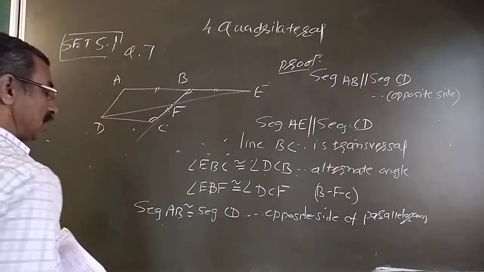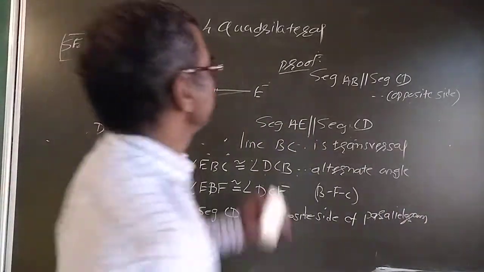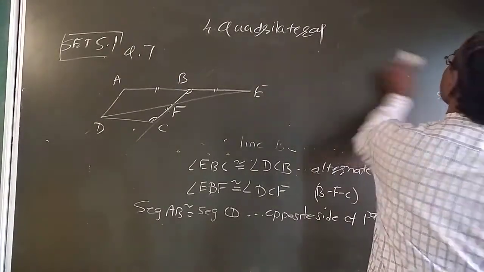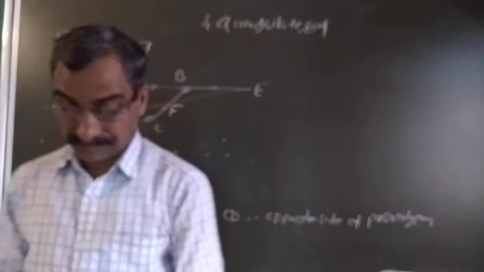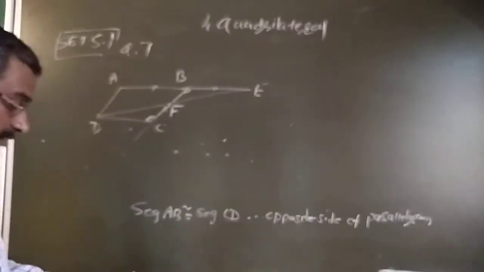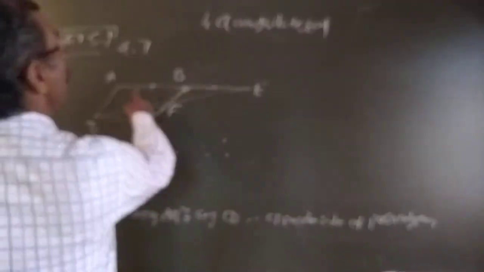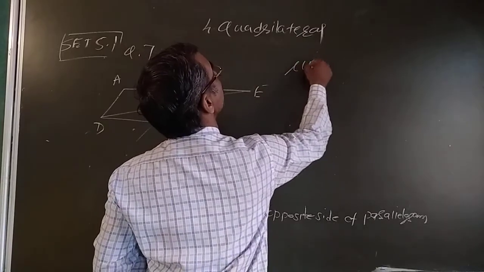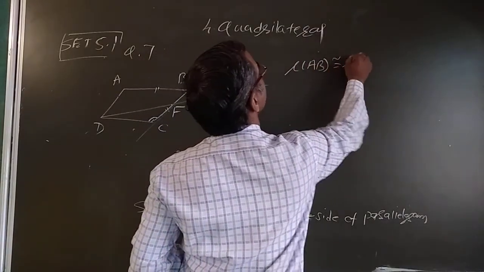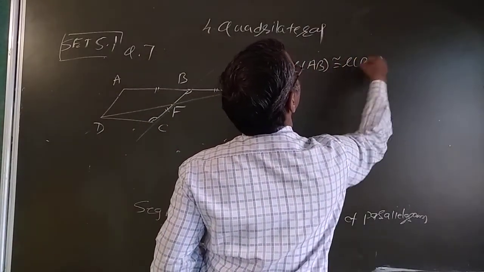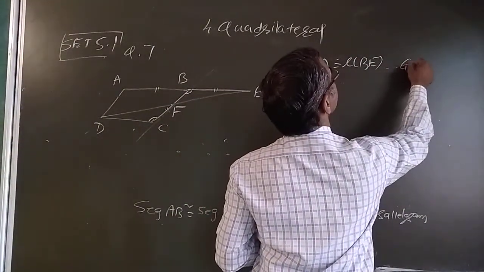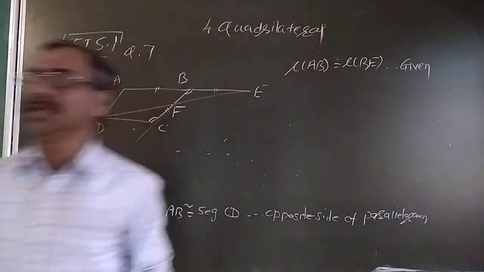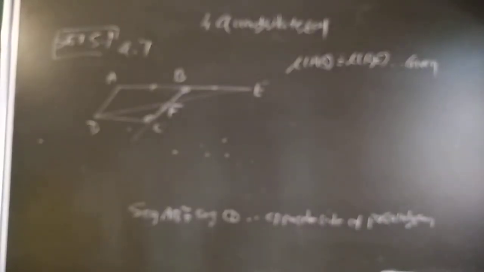Opposite sides of a parallelogram are congruent. Then we are extending this proof. The length of AB is congruent with the length of BE, which is equal to what? That is given in the example.